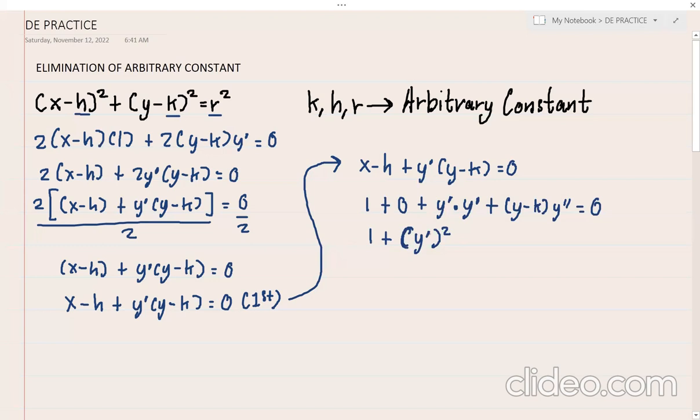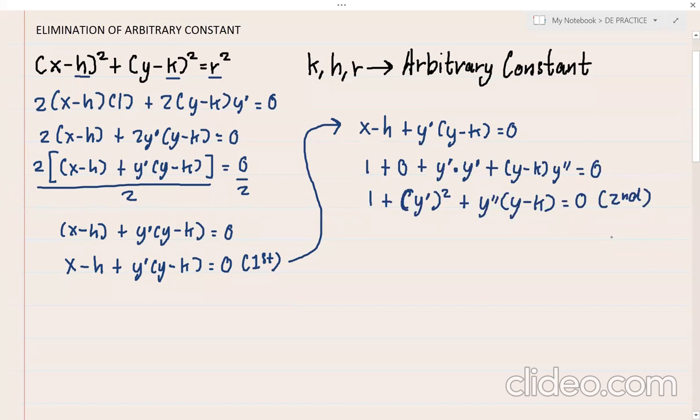So, it's better to put parentheses, then put the exponent outside. So, therefore, we have y prime squared. Then, next, let's copy the last term. So, we have y second prime times quantity y minus k. This is already simplified. So, this is now your second derivative.